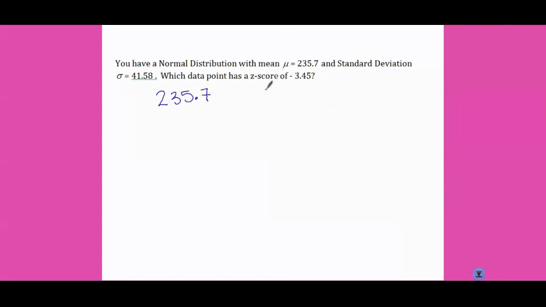Since the z-score is negative, we're going to subtract 3.45. And since z-scores are the number of standard deviations, we multiply it with the standard deviation. Type that in your calculator, you get 92.249.